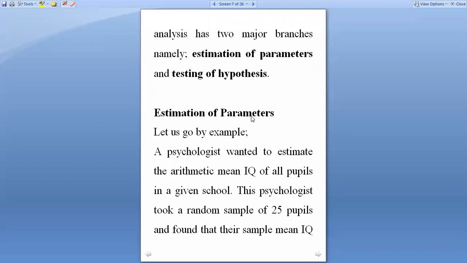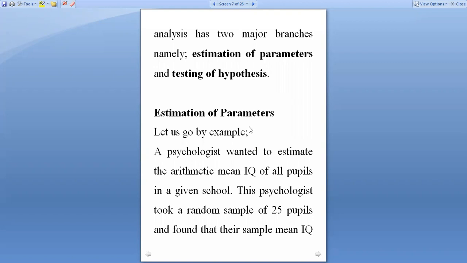Statistics exists because of the scarcity of resources to collect data from the entire population, because we want to make decisions about the entire population. Unfortunately, we do not have data from the entire population. That's why the science of statistics comes in to help us estimate the parameters.